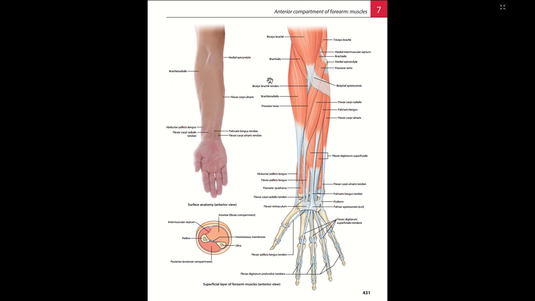Right here, you can appreciate that this was your cubital fossa, which we spoke of in the video for the cubital fossa anatomy. From the cubital fossa, you're going to have this antebrachium, which is your forearm. Anteriorly, you're going to have important muscles, and some of these muscles actually form the boundaries and the floor of your cubital fossa. So you're going to be familiar with some of these muscles.